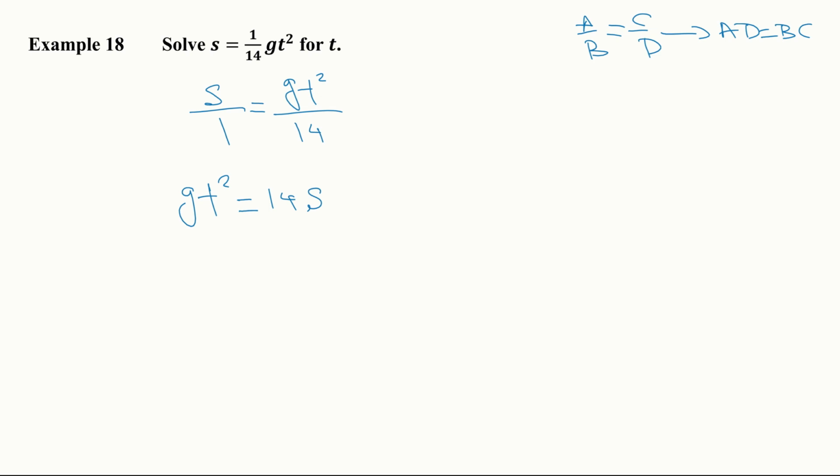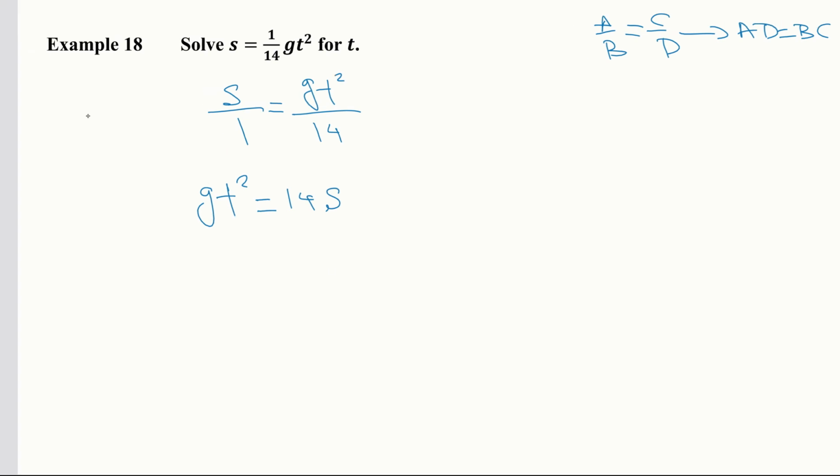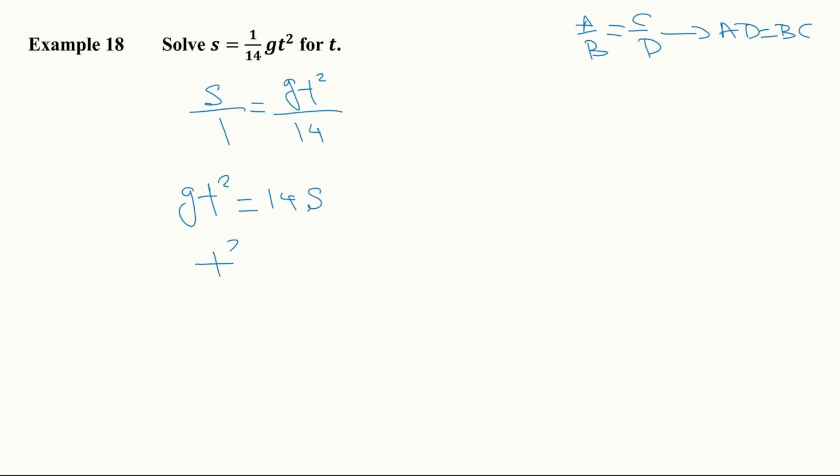Now remember, we're solving for t, right? So that means we're going to isolate the t squared term here, divide both sides by g. So we get t squared equals 14s over g. When you type these into your MyMathLab or similar system, remember, you have to stick with the same case.